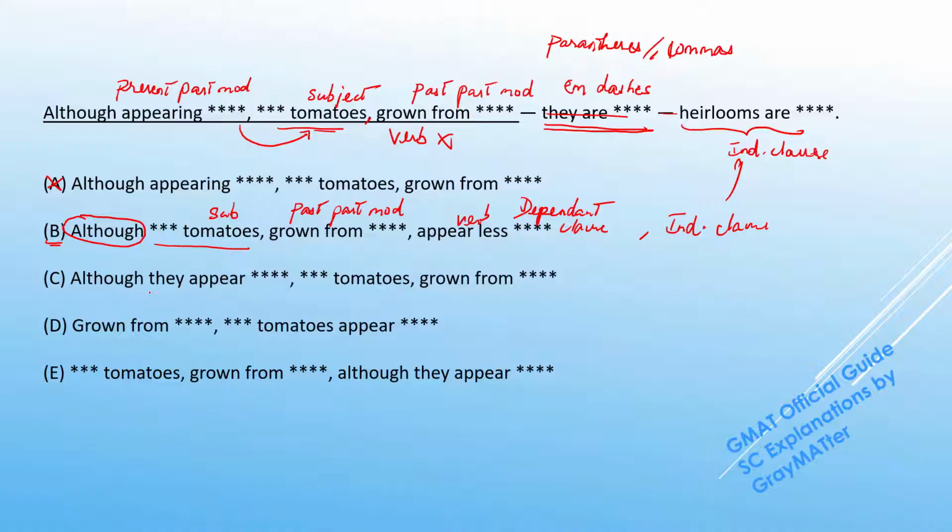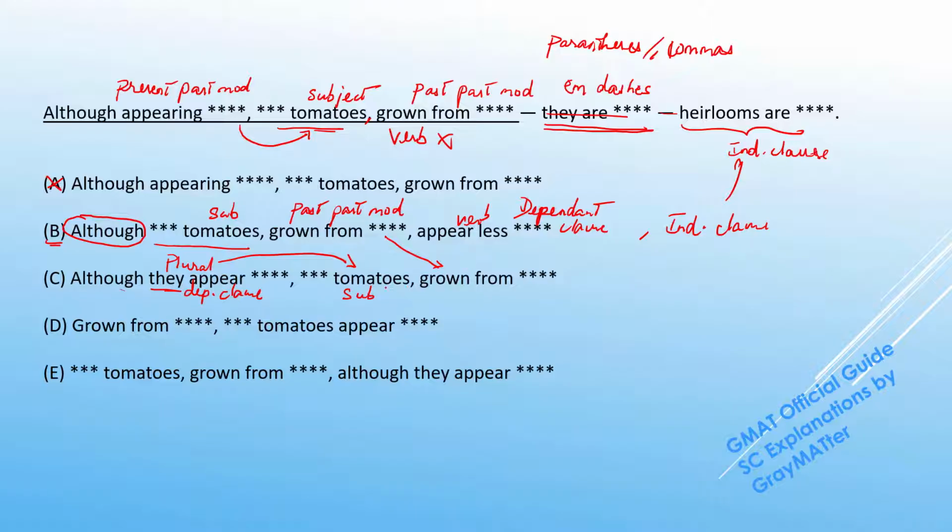Now in C, we have although they appear, the they is a plural pronoun, which is definitely referring to the heirloom tomatoes. So although they appear like something, so this itself is a dependent clause. And then we have this subject, these tomatoes, and then we have a past participle modifier grown from these seeds, followed by this construction in the M dashes.